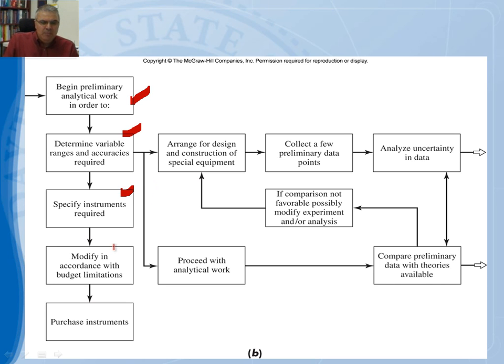Some portions of the diagram are more important and some are less important depending on the experiment itself, but they're all part of the overall planning for the experiment. So we modify the instruments in accordance with the budget limitation, and then we purchase the instruments, and we would use those instruments in later stages of our experiment.